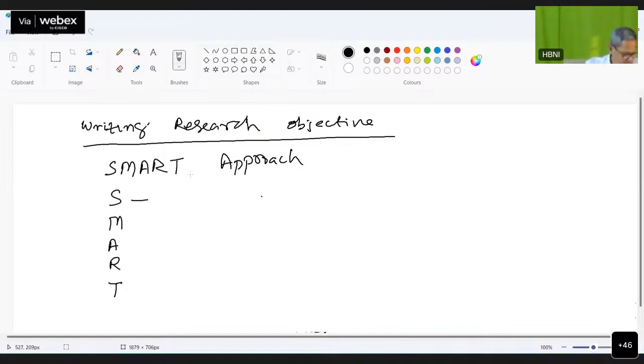Your research objective should be very specific, and it should be measurable, and it should be achievable.